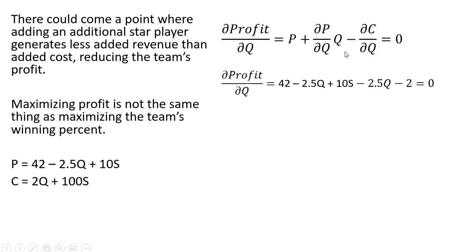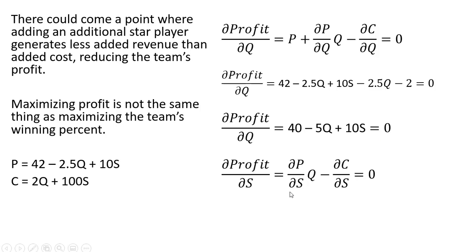And then we're multiplying that by Q. So that's where this minus 2.5Q is coming from. And then taking the partial derivative of the cost equation with respect to Q, we get back this 2. So minus 2 then. And setting that result equal to 0. And just simplifying this, 42 minus 2, minus 2.5Q, minus 2.5Q. So just doing some simplification there, we have this result.